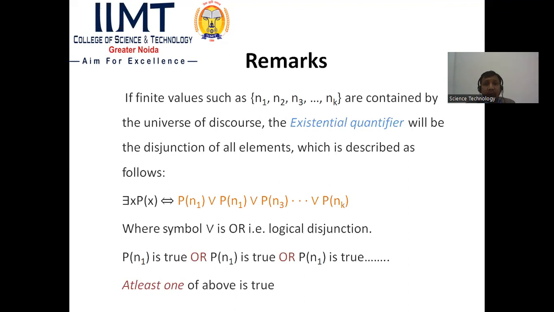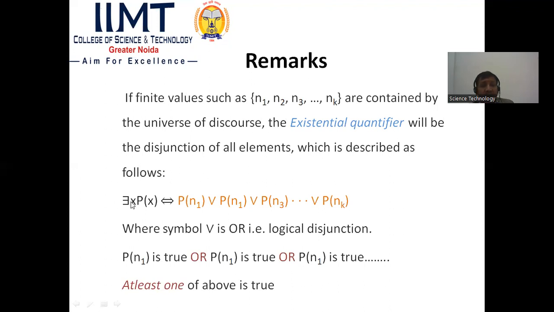Remark: I have already given an example like this for the universal quantifier. Now I am giving the same example for the existential quantifier, and we will try to find what is the difference between that example and this example. Okay, let n1, n2, n3, ..., nk be a set, and this is the universe of discourse, and we are trying to explain the existential quantifier case.